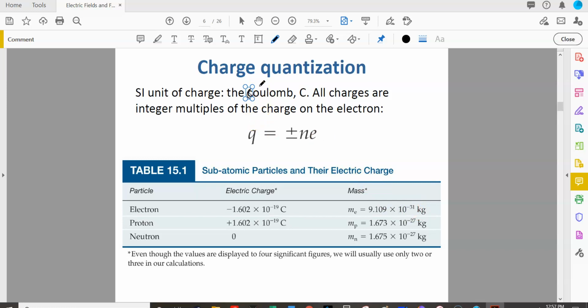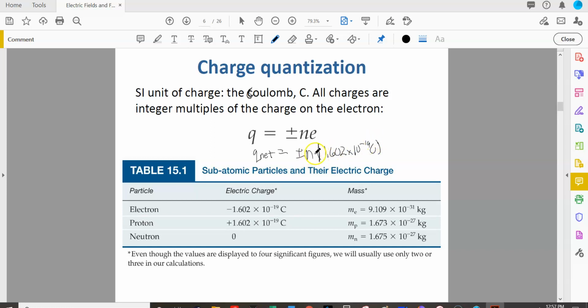So if you want to figure out the overall net charge on an object, what you do is you take the total number of charges, either positive or negative, and you multiply it by the magnitude of a charge, which is 1.602 times 10 to the negative 19th coulombs.